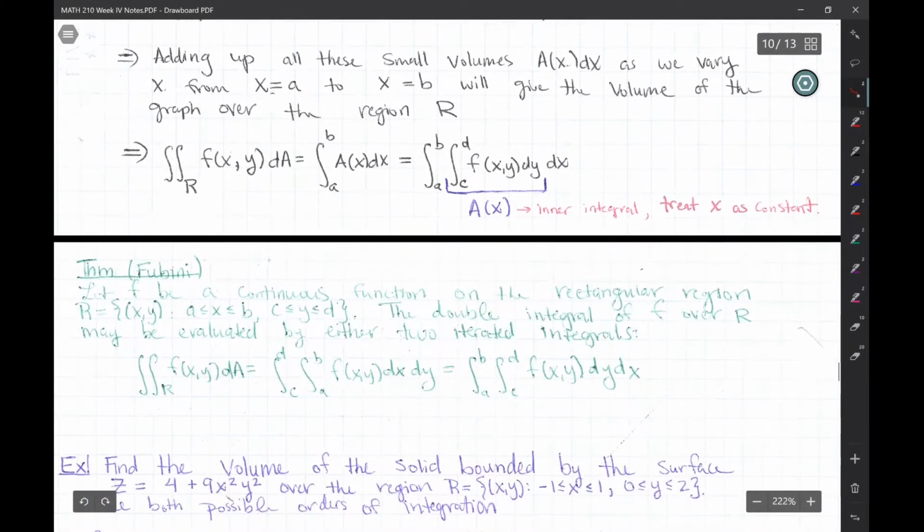So you might have wondered, why did you fix x first? Why didn't you fix y first and carry out this computation? That's true, you can do that. And in fact, when we're dealing with rectangular regions, it's really easy to switch the order of integration. So we have here the theorem by Fubini. If the function f is continuous on a rectangular region R, given here, then the double integral of f over R may be evaluated in either order.